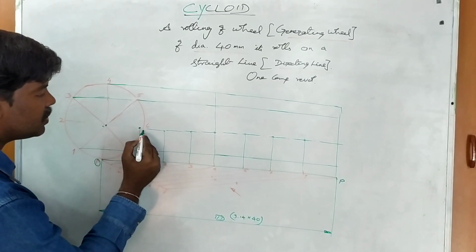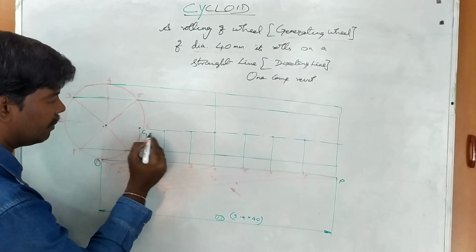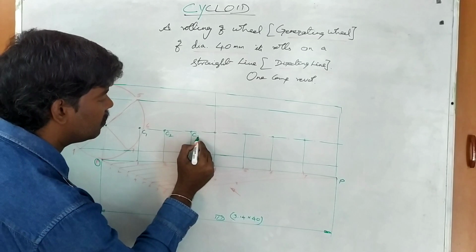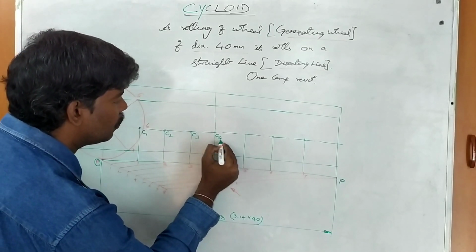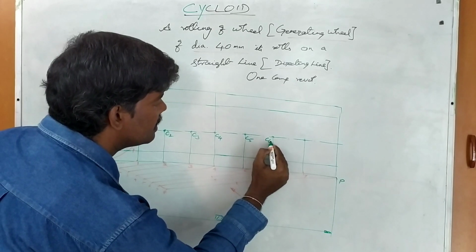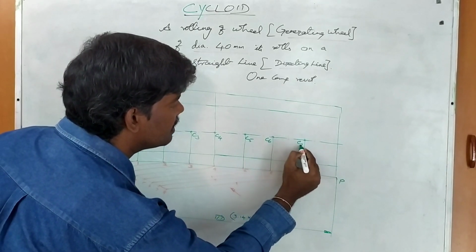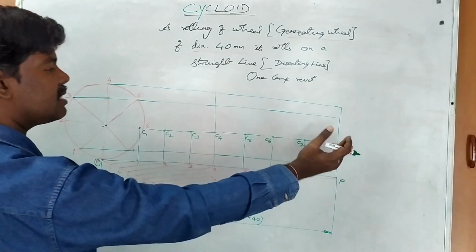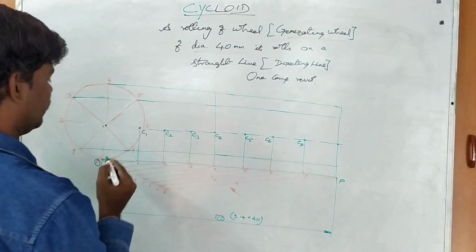So now this is the center point of number 1, this is center point of number 2, center of 3, center 4, C5, C6, C7, C8 is nothing but the end. First and last same. Okay.